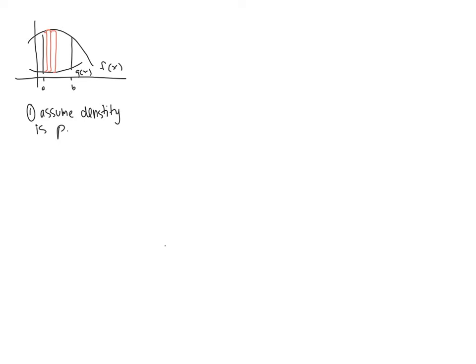Okay, and we have that the mass is equal to the density times the area. So that's rho times the integral from a to b. The area between those curves is given by f of x minus g of x dx. And just to make it easier, I'm going to call that A. So rho times A.